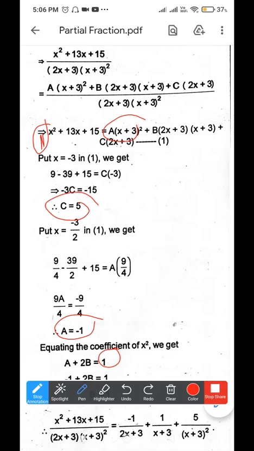From that, what is the coefficient of x square? The coefficient of x square will be a. Then over here, 2x into x will be 2x square, and 2x square into b will be 2x square b.